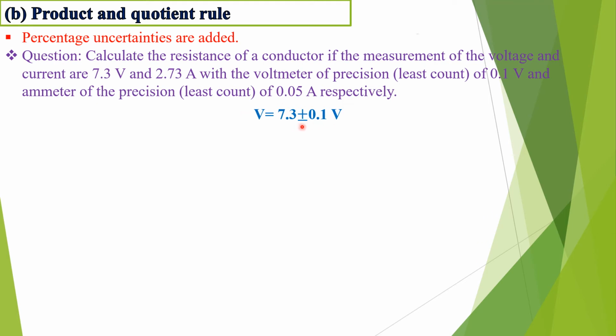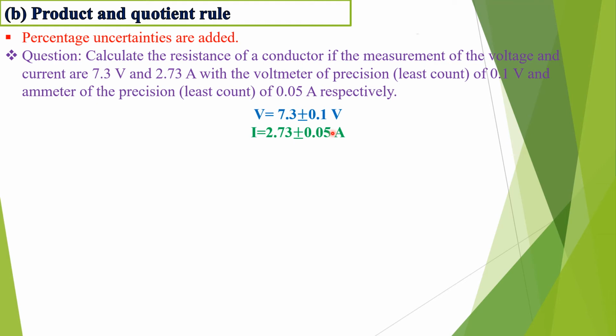As we discussed in the previous slide, we write the final answer with uncertainty in the measured value. So here 7.3 is the measured value of voltage and plus minus 0.1 is the absolute uncertainty in this measured value. Current I is equal to 2.73 plus minus 0.05 ampere. Here 2.73 is the measured value of current and plus minus 0.05 ampere is the absolute uncertainty in this measurement.